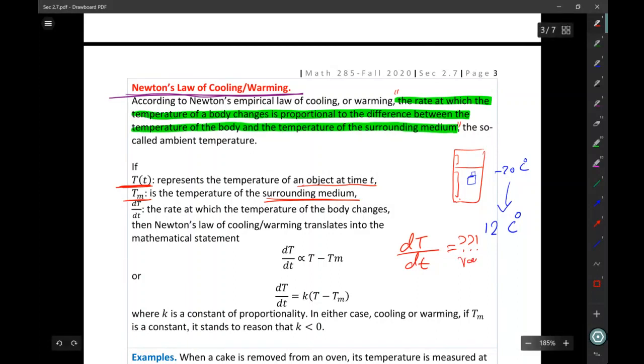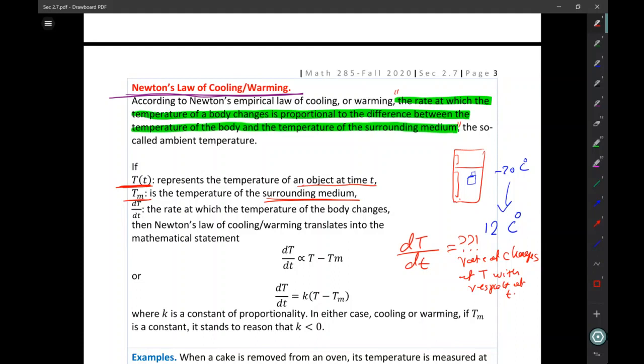This is the rate of change of T with respect to t. Right, I'm just translating here.